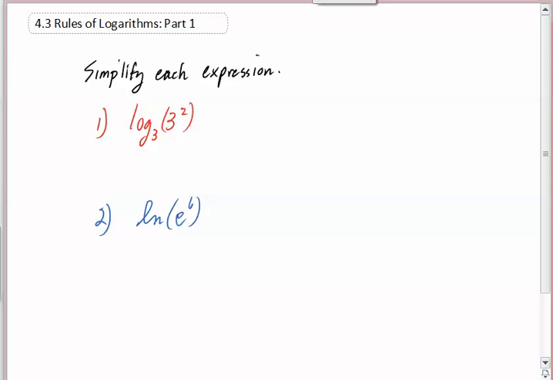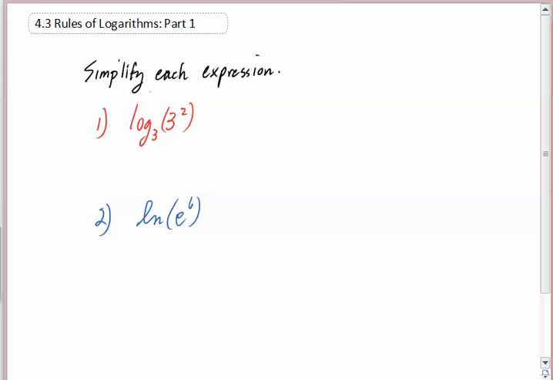Okay, we're going to take a look at some rules of logarithms, and the directions say to simplify each expression. Now, we've already talked about in previous videos that a log is an exponent, and we can think of it in terms of saying it names an exponent.